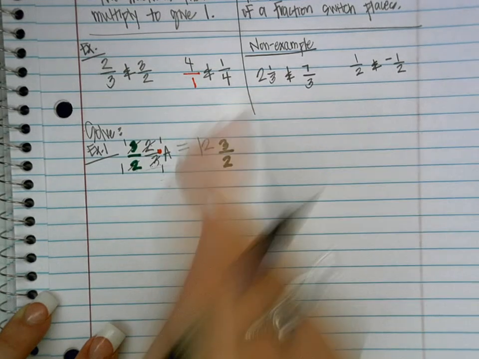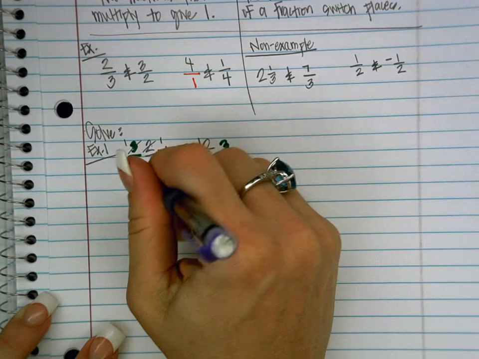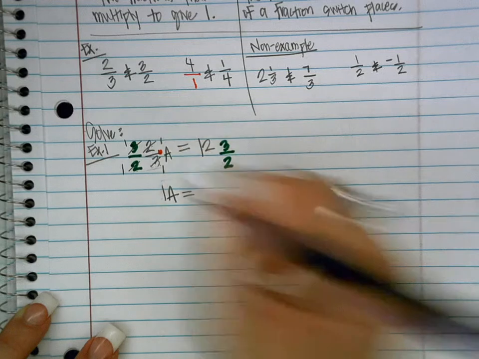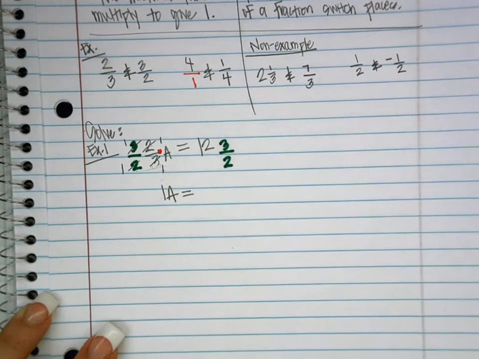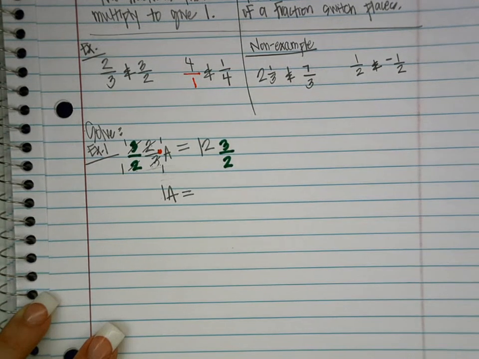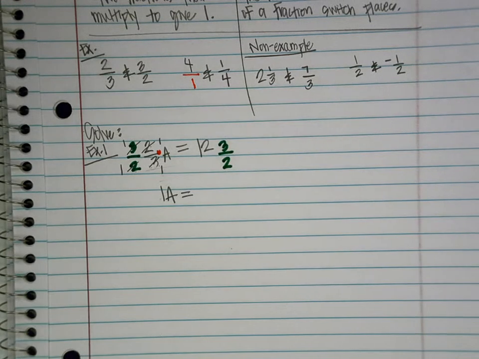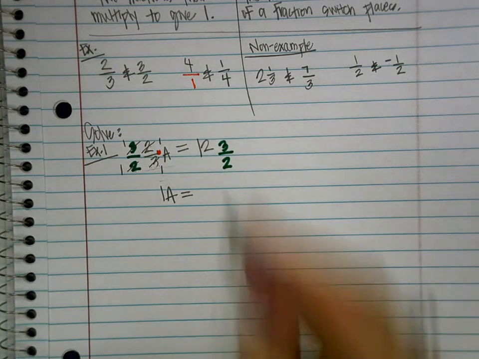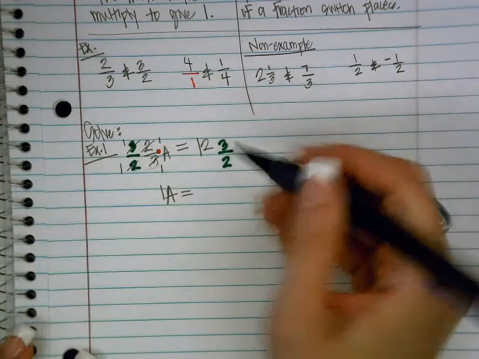Do you really have to write 1A? No, you don't have to, but I want you to get rid of the idea that they cancel. They reduce to equal 1. Don't think that they just poof, automatically go away. It doesn't happen.